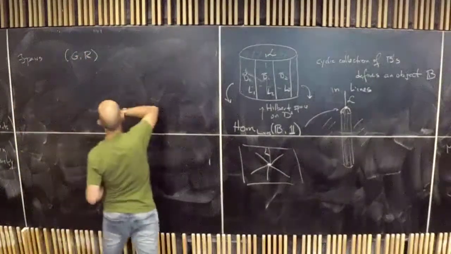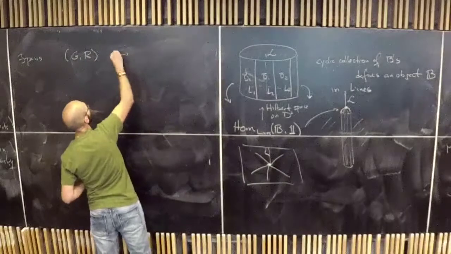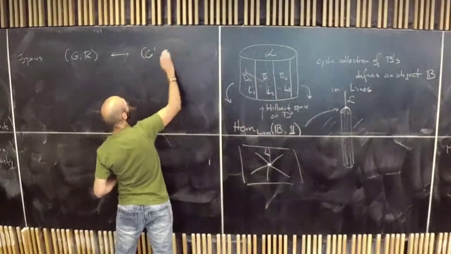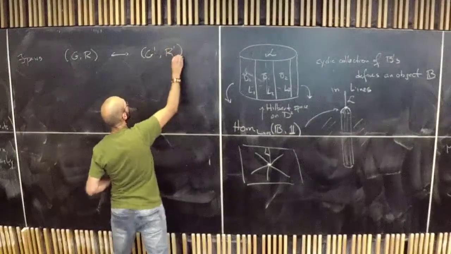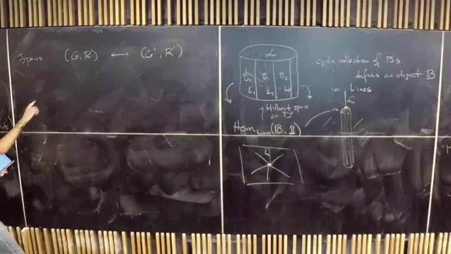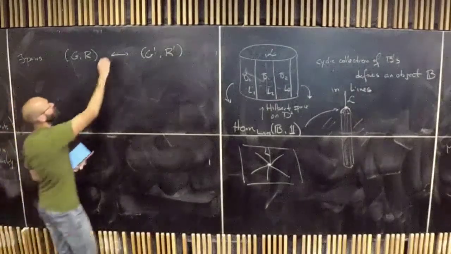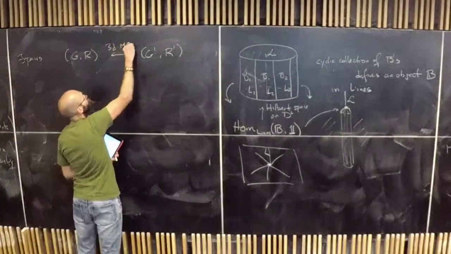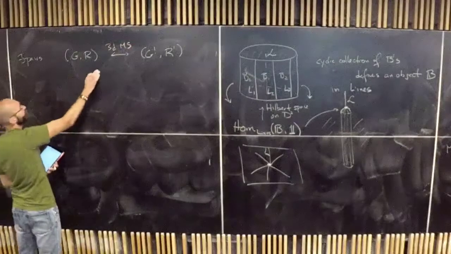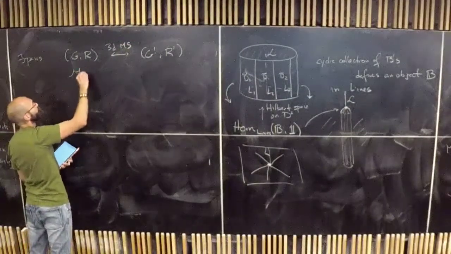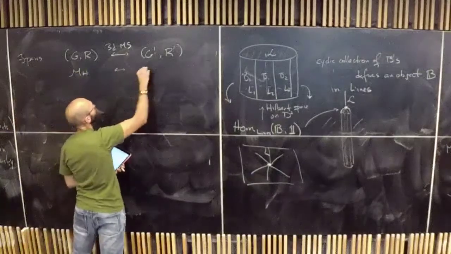For a suitable G and R, there is a G dual and R dual, and I should be very clear, these are not independent. You don't just dualize G and R independently. There's a dual pair, with, in particular, the property that Higgs and Coulomb branches are swapped.